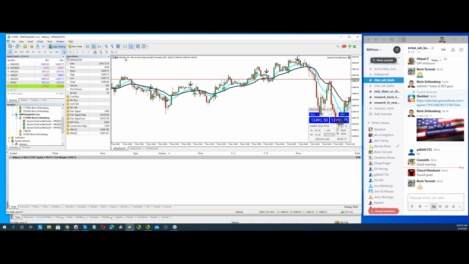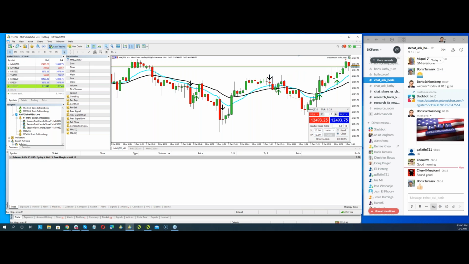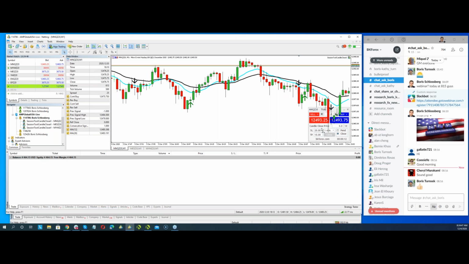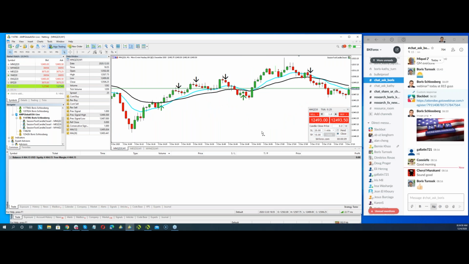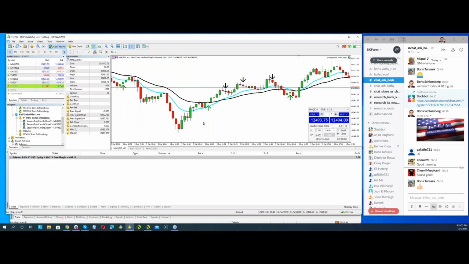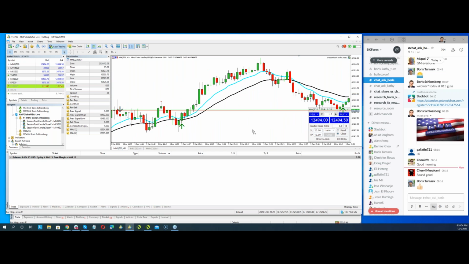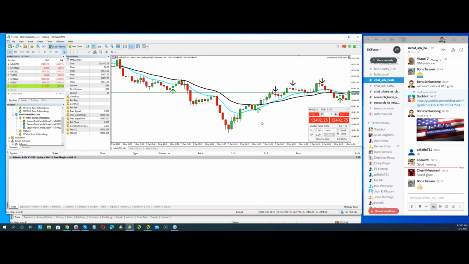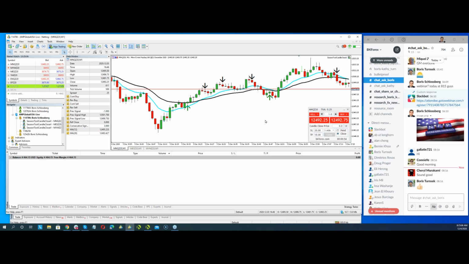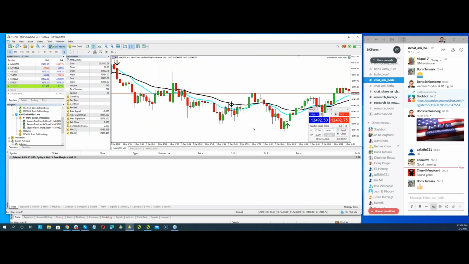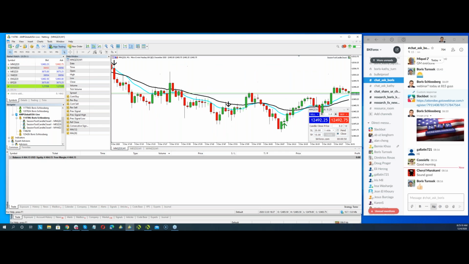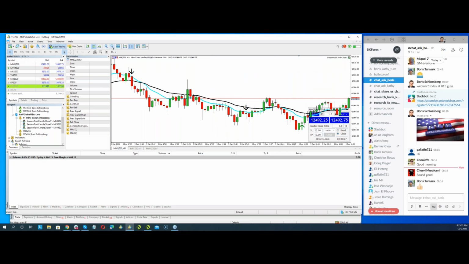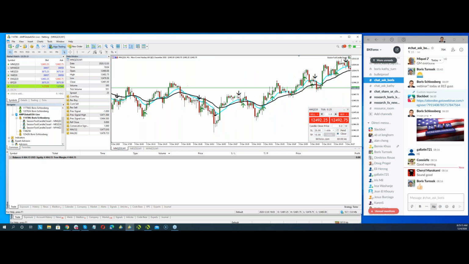This is, where is it? I'm trying to get it bigger. It's really hard to see these trades here. This is why I just despise MT4 or MT5, because it doesn't mark the trades.